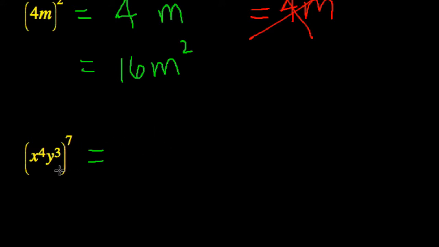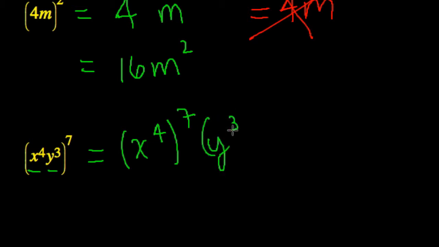The way I see this, I'm going to treat the x to the exponent 4 as one base and the y to the exponent 3 as another base. So here's what I'll do. I'll write x to the exponent 4 raised to the 7, times y to the exponent 3, again raised to the 7.